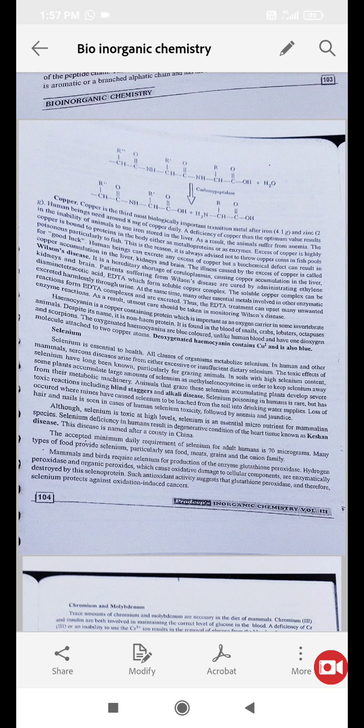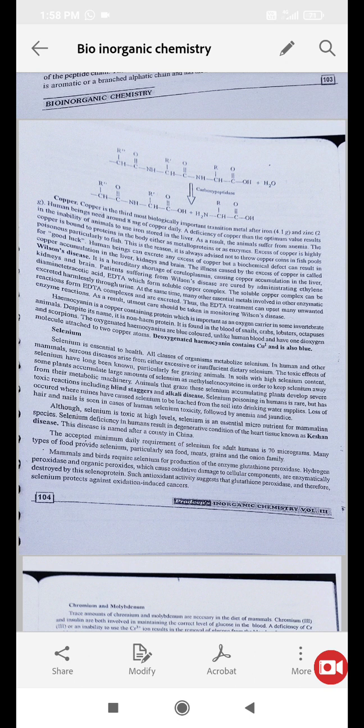The accepted minimum daily requirement of selenium for an adult human is 70 micrograms. Many types of food provide selenium, particularly seafood, meats, grains, and the onion family. Mammals and birds require selenium for the production of the enzyme glutathione peroxidase, since hydroperoxides and organic peroxides, which cause oxidative damage to cellular components, are enzymatically destroyed by the selenoprotein.